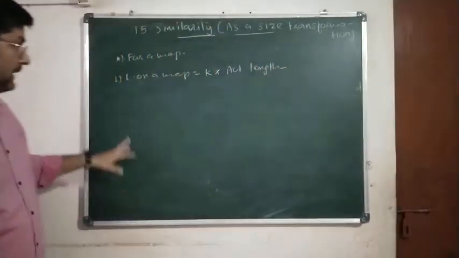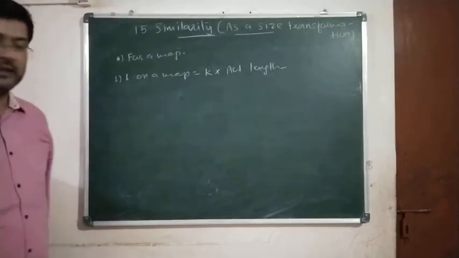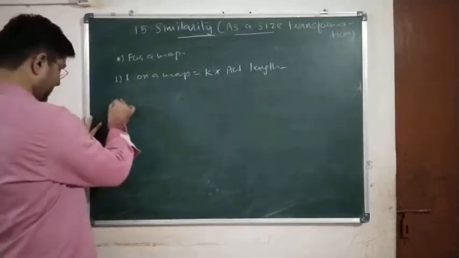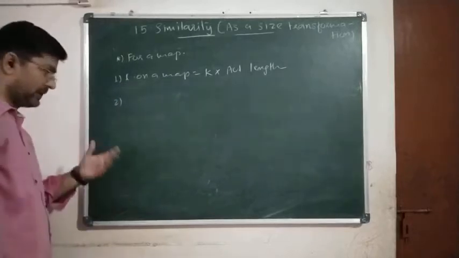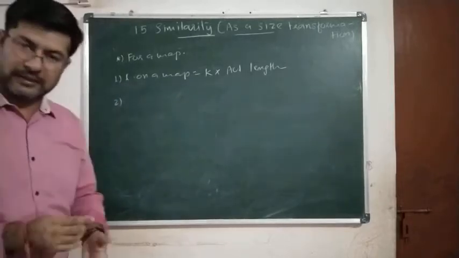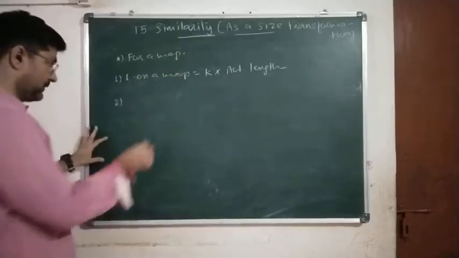Clear? Any length if you want to find on a map, that will be equal to K into the actual length. Similarly, breadth and height, yes or no? Breadth and height are also lengths only. So length on map is equal to K into actual length.